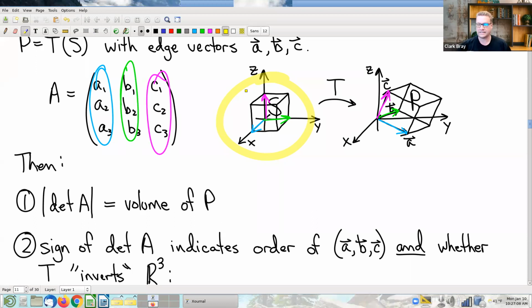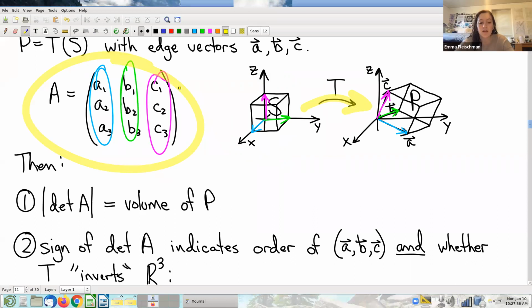My right is going to be your right. Something like that, I think. And so, right-hand order turned into a right-hand order. That's the way I have this drawn here. This corresponds to a positive determinant for this matrix.